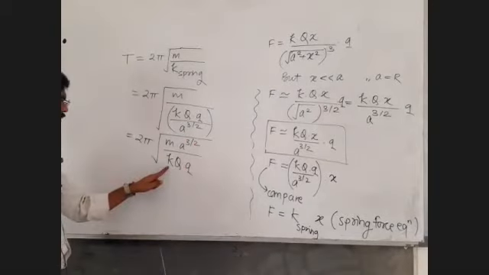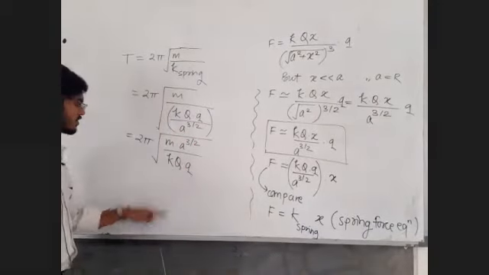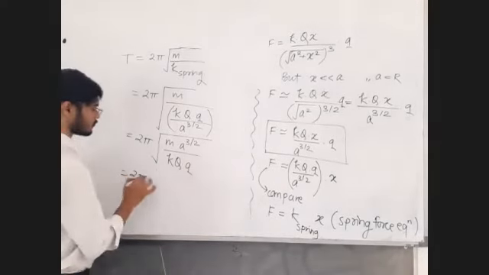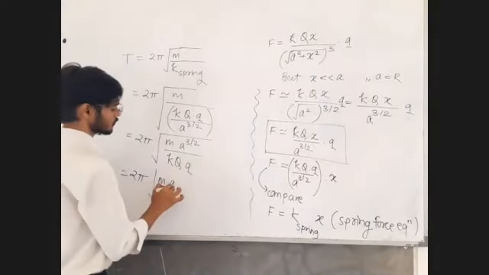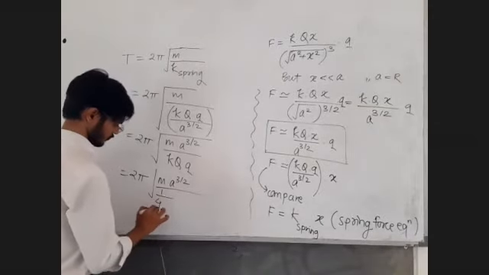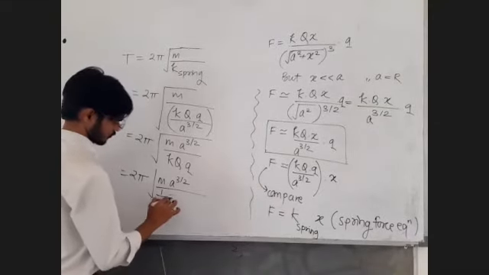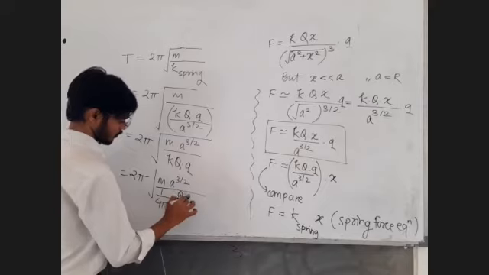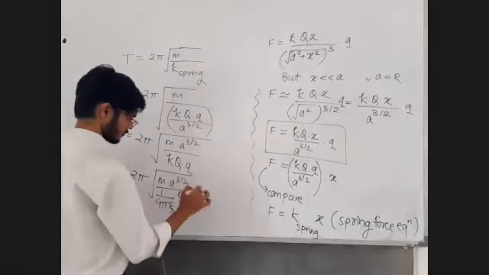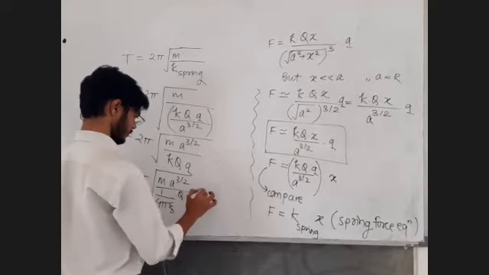If required, you can replace this small k with 1 upon 4 pi epsilon 0. Absolutely no problem. Let's do that also. Capital Q into q. Sir, this 4 pi epsilon 0 will go in the numerator. Yes, that is also there.